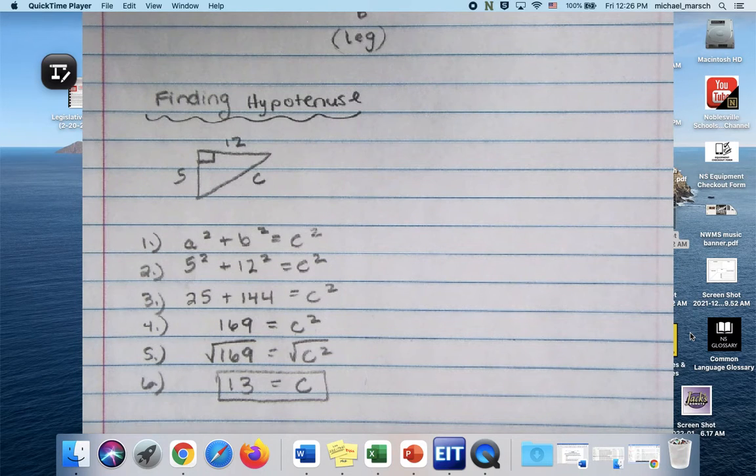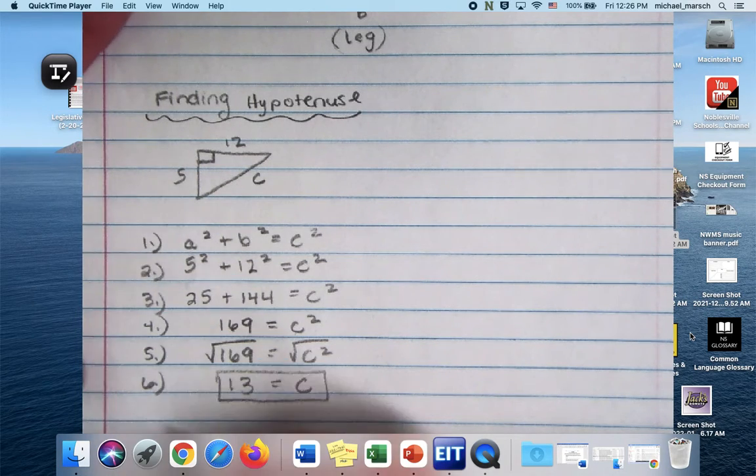If I wanted to square something on here, I would hit the 12, and then I hit this a squared, a to the second power, and that tells me it's 144. It might be an x, but it's most times an a. All right. So that's our finding hypotenuse.